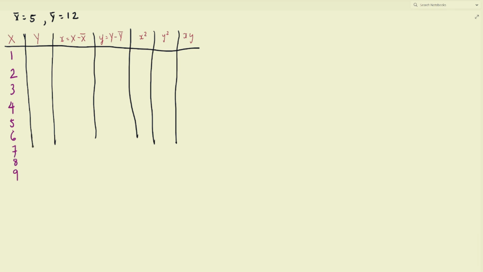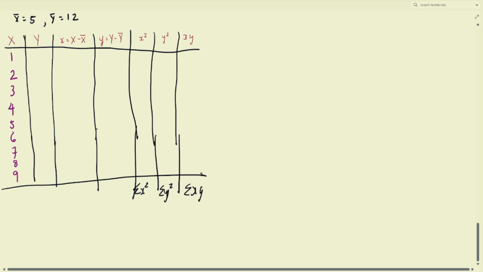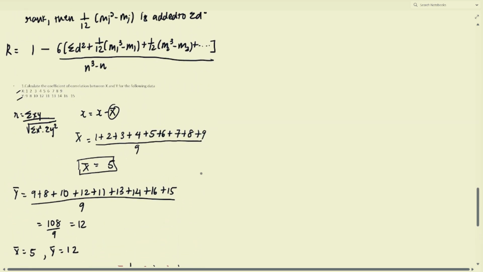Wait, I have to extend the line a bit more. At the end we have to calculate the summation of x square, the summation of y square, and the summation of xy, because in our formula I have already told you we have the summation of x square and the summation of y square.